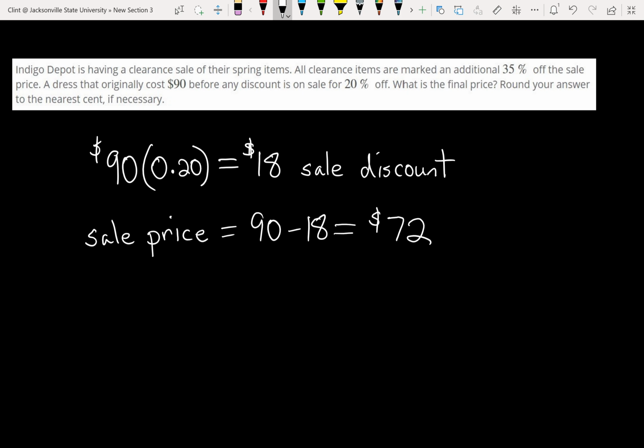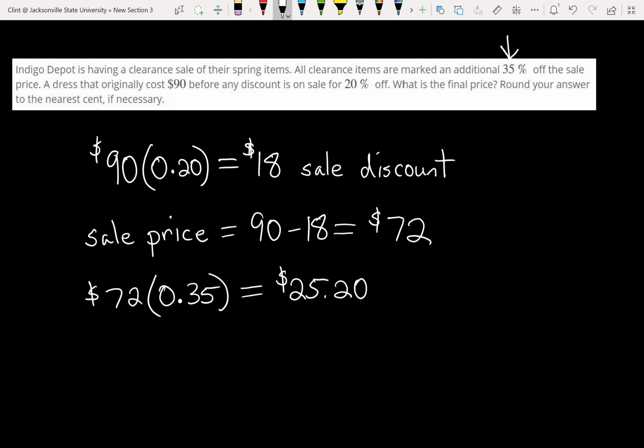So now we have to take our additional 35% off of that. We just do the same thing but with 72 and 35%. So 72 times 0.35 is $25.20.